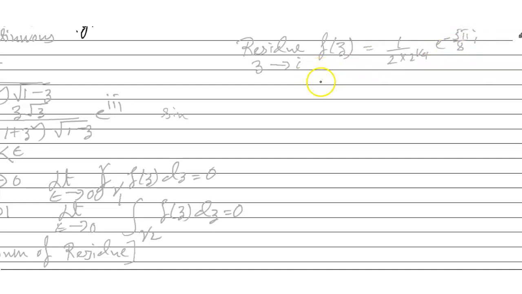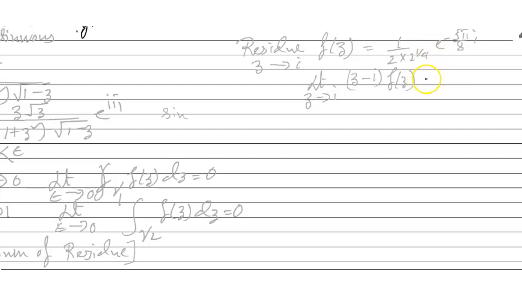Just putting, how can I get that: limit z tends to i of (z minus i) times f(z).